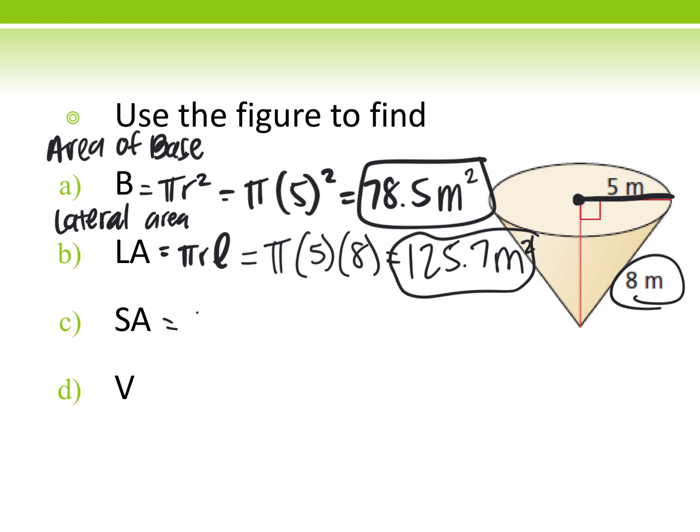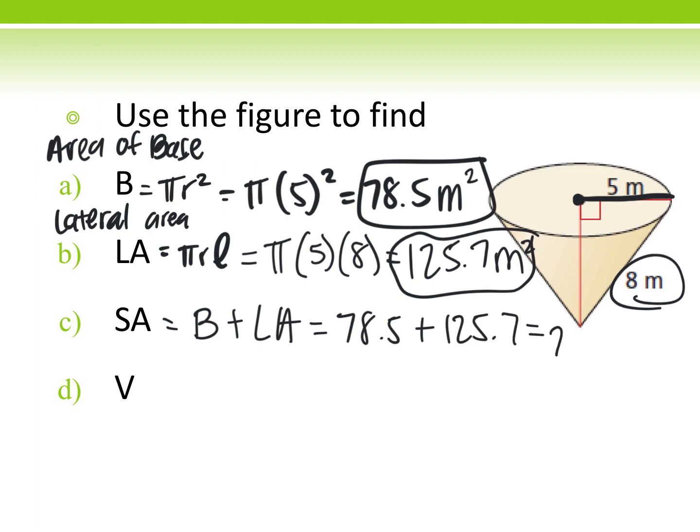So it's going to be capital B plus LA, your lateral area, and we just add 78.5 plus 125.7. Should be 204.2 meters squared. Cool beans?